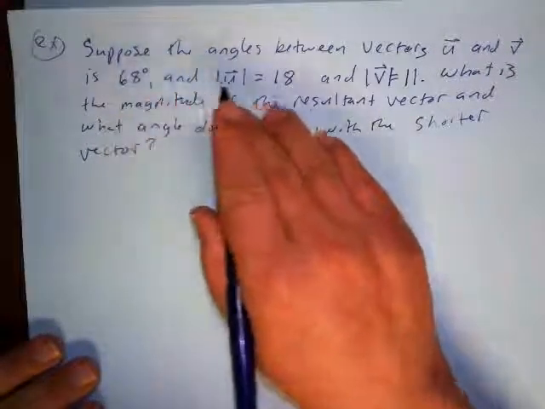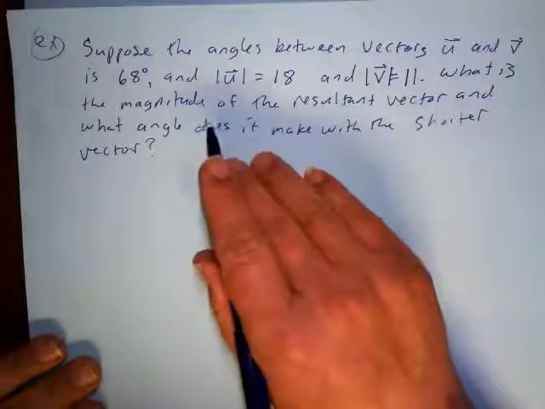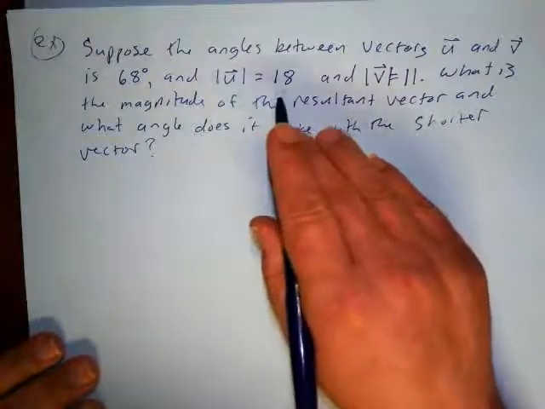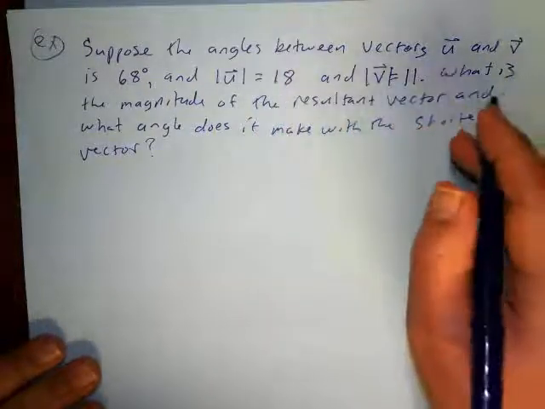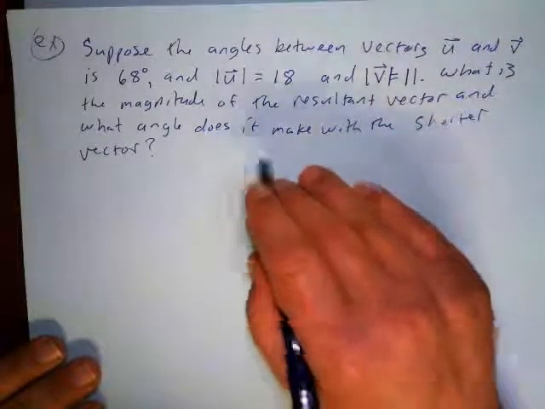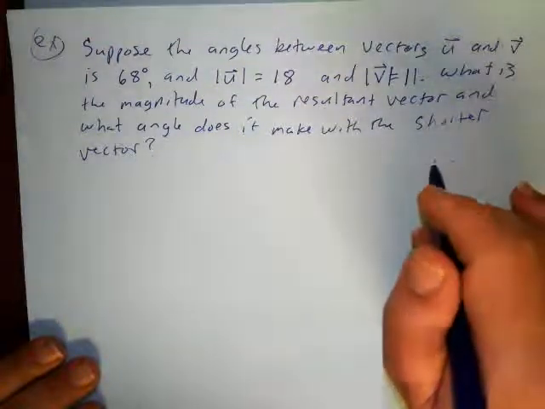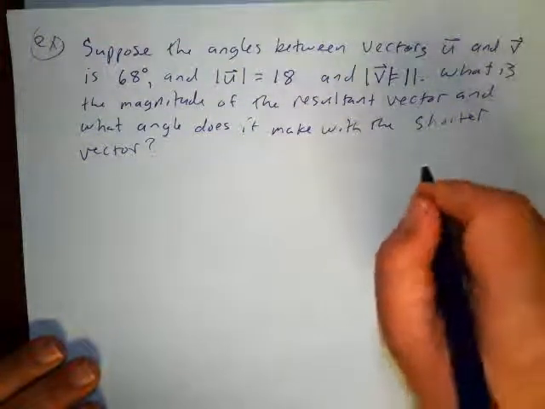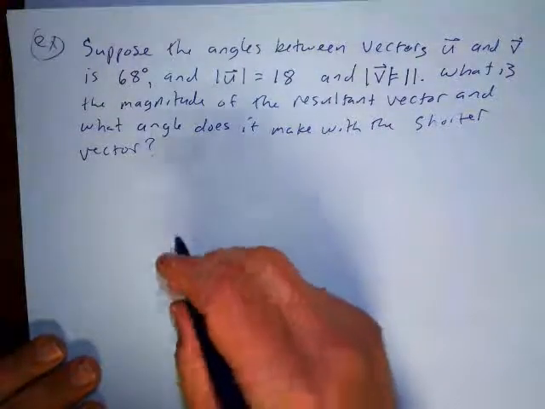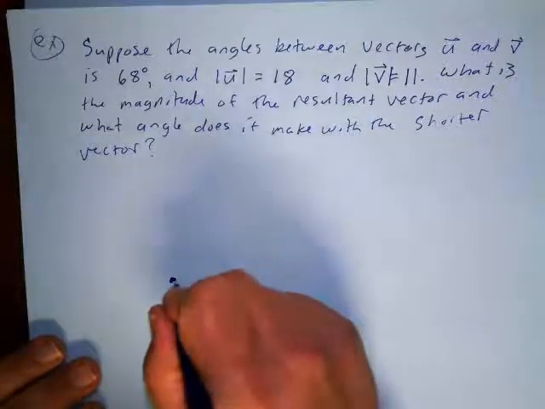It says here, suppose the angle between two vectors u and v is 68 degrees. The magnitude of u is 18, and the magnitude of v is 11. What is the magnitude of the resultant vector, and what angle does it make with the shorter vector? So I'm going to draw these two vectors.